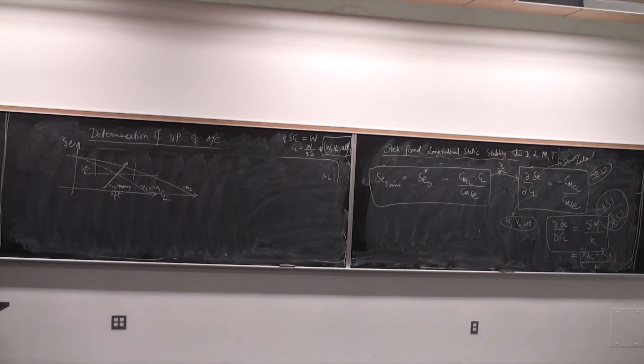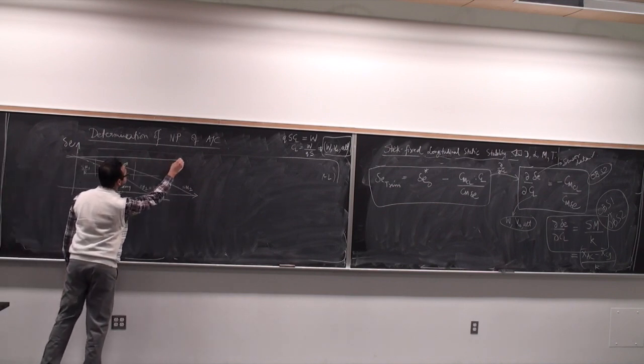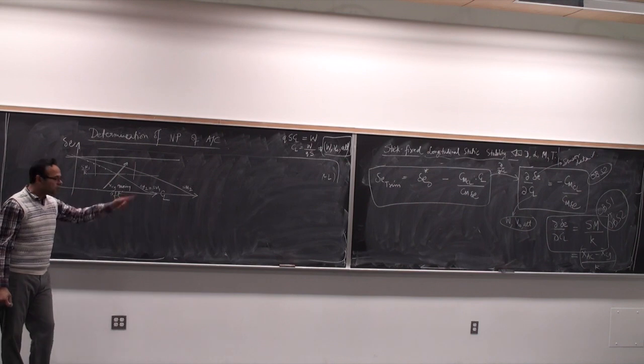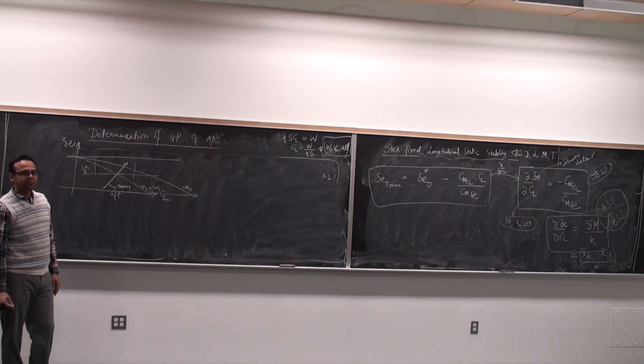What will happen when the CG is located at the neutral point? The static margin is 0 and you will get, right? You will be able to fly at all speeds at the same elevator deflection, right?